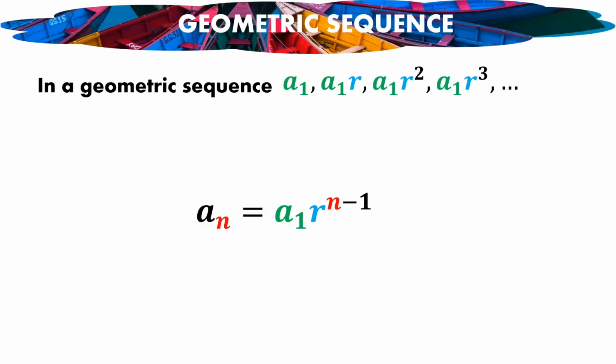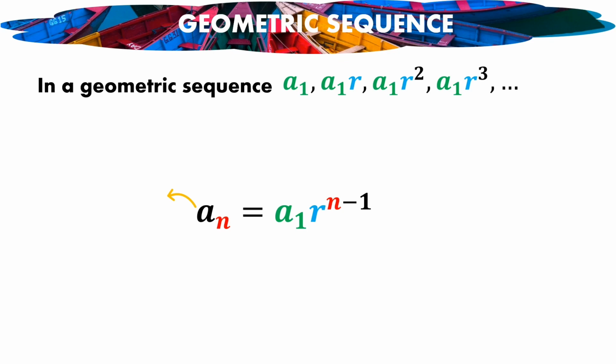In a geometric sequence a sub 1, a sub 1 r, a sub 1 r squared, a sub 1 r cubed, and so on, the nth term is a sub n equals a sub 1 r raised to n minus 1.